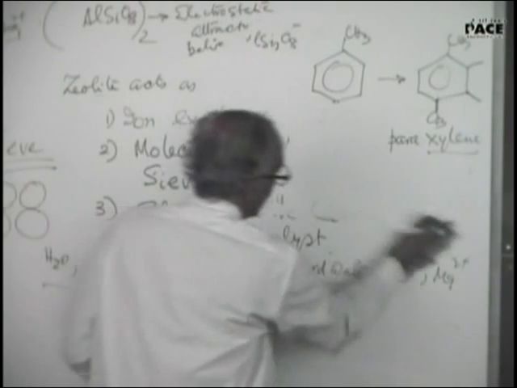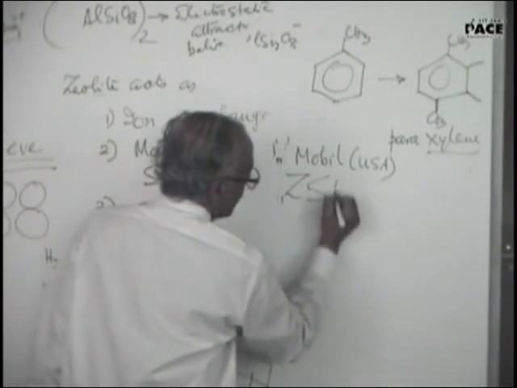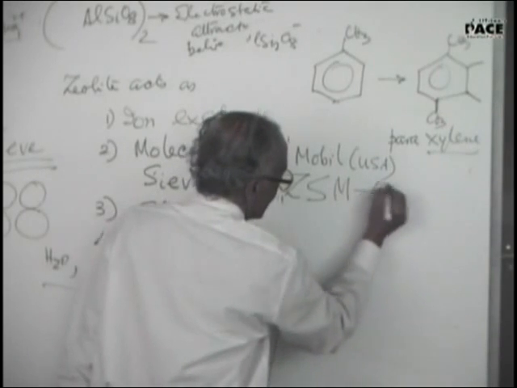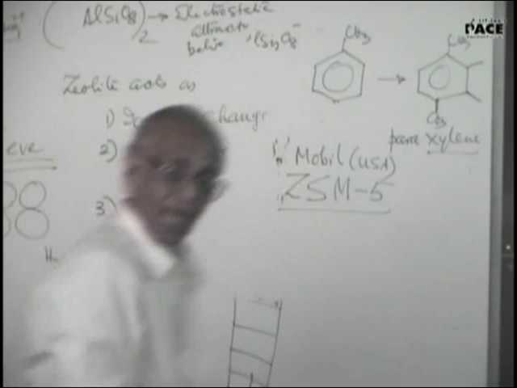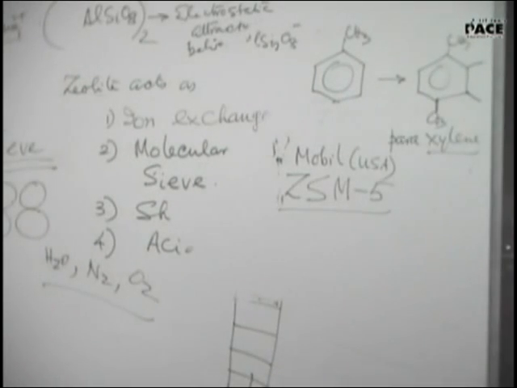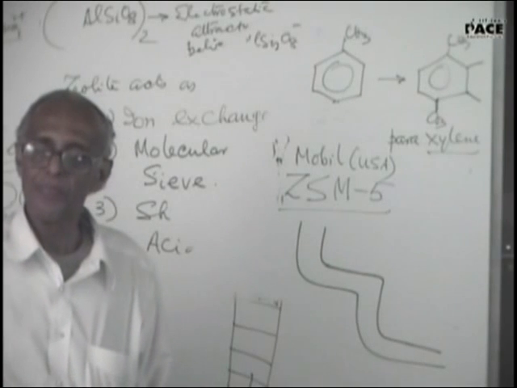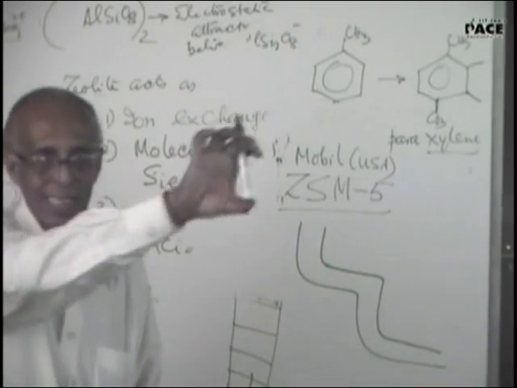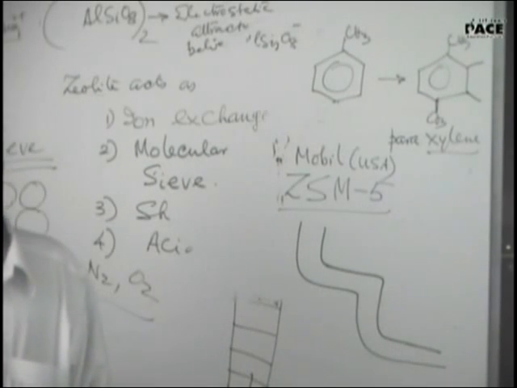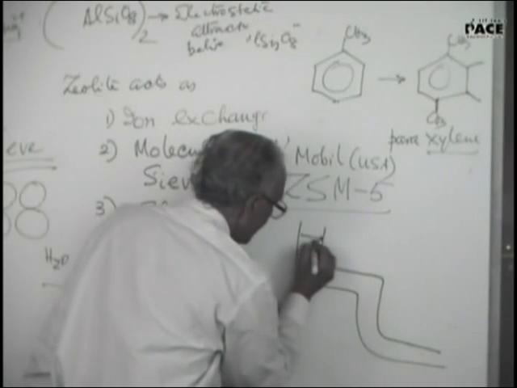Now, Mobil company in USA prepared a synthetic zeolite which is called ZSM-5. This zeolite, instead of a spherical cavity, has a cylindrical cavity. It has a cylinder running through the zeolite, and the diameter of the cylinder is small.